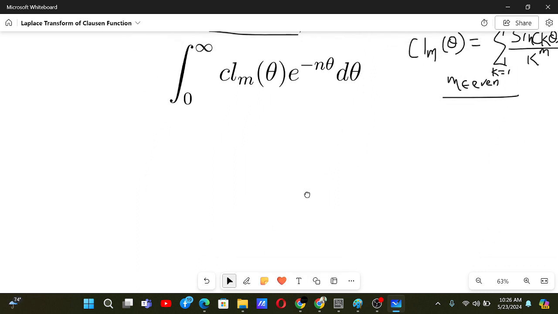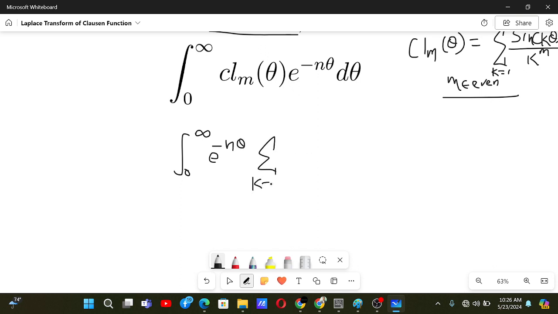Okay, now let's get back to the work. We know that this is the integral from 0 to infinity of e to the power minus n theta, and then the sum from k equals 1 to infinity of sine of k theta by k to the power m, d theta.